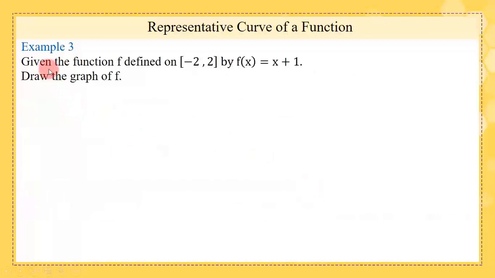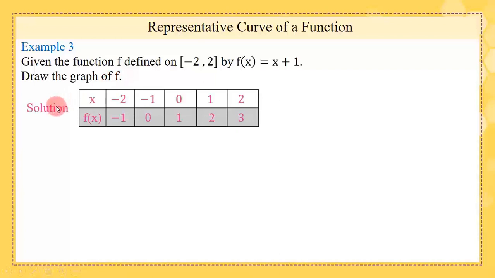Example 3. Given the function f defined on [minus 2, ...] by f of x equal x plus 1. Draw the graph of f. Solution. First of all, in order to draw the graph, we take several particular points as we saw before. For x equal minus 2, f of minus 2 equal minus 1.